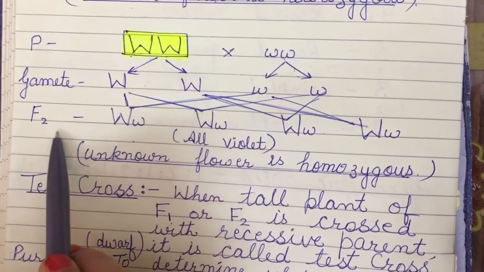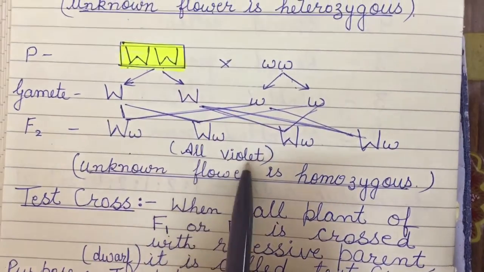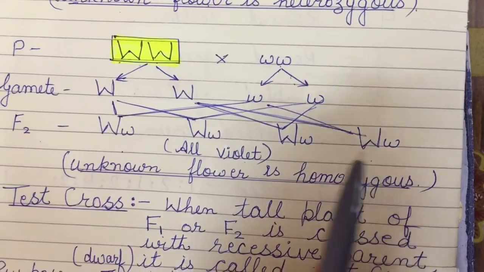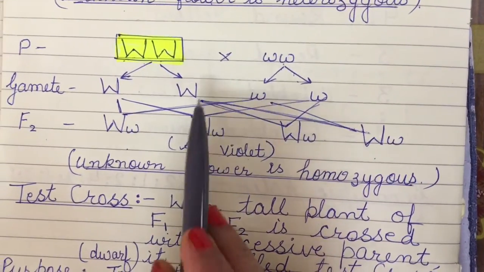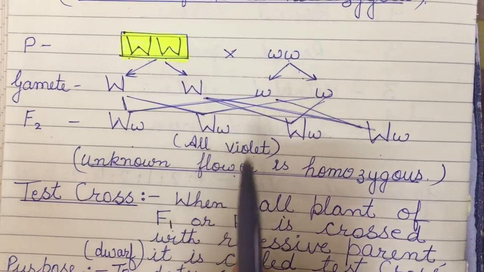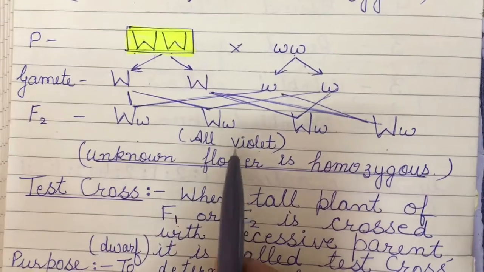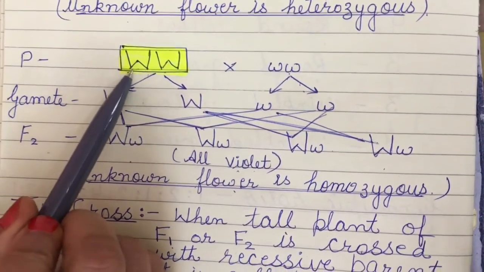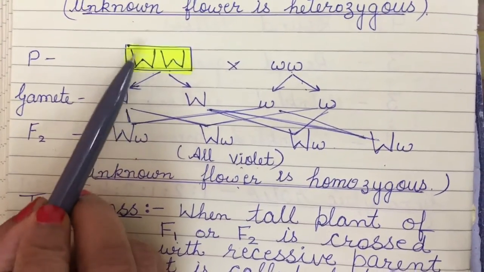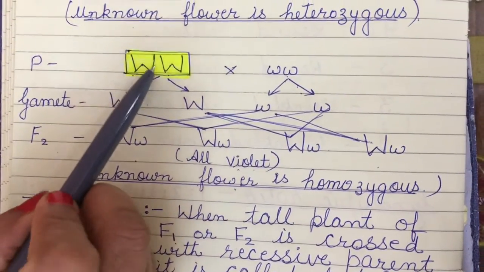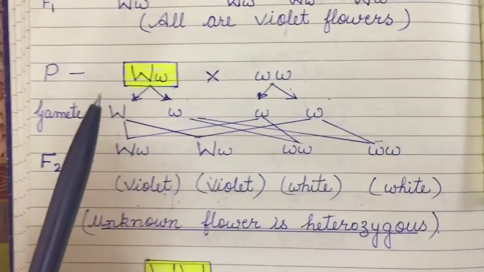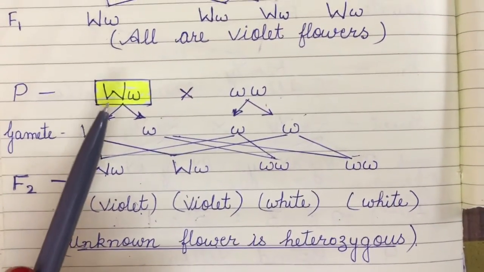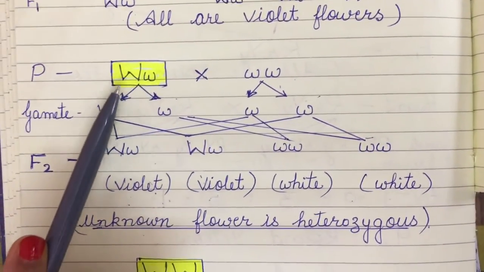Here in the F2 generation, all violet flowers are produced. So if only the dominant character appears, that is 100% character appears, then the unknown genotype is homozygous dominant. But if 50:50, then the unknown individual is heterozygous.